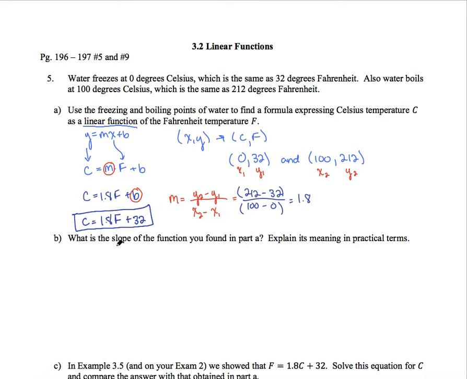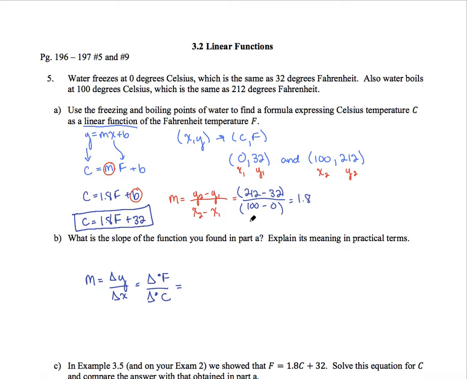It says, what is the slope of the function that you found in part A, and explain its meaning in practical terms? Okay, so let's go back to part A where we calculated the slope. Now remember, the slope is the change in y over the change in x. But remember, y in this problem is degrees Fahrenheit. So really the numerator represents the change in degrees Fahrenheit, and the denominator is the change in degrees Celsius.